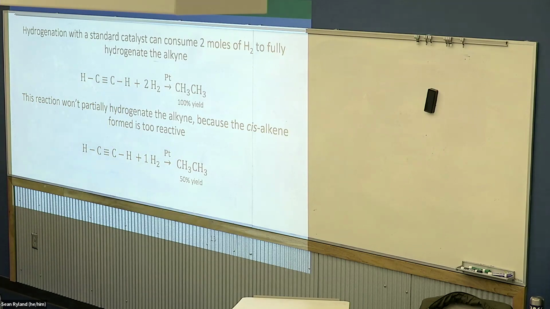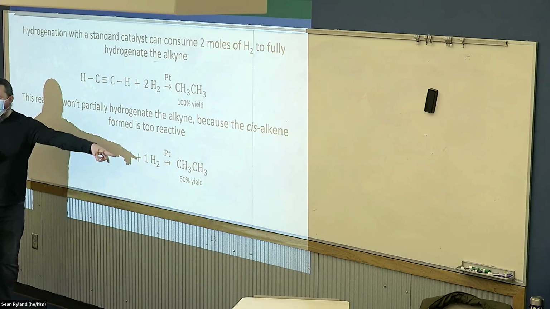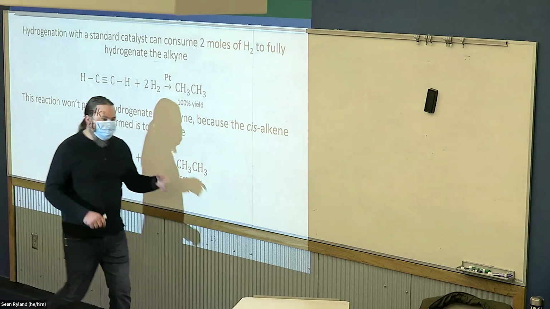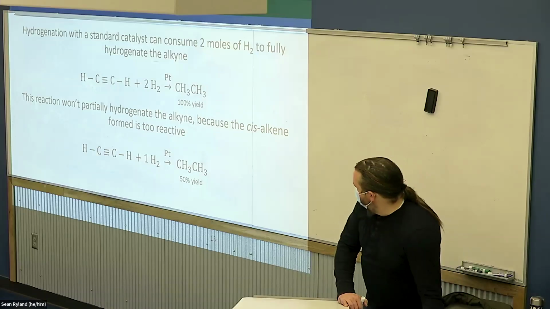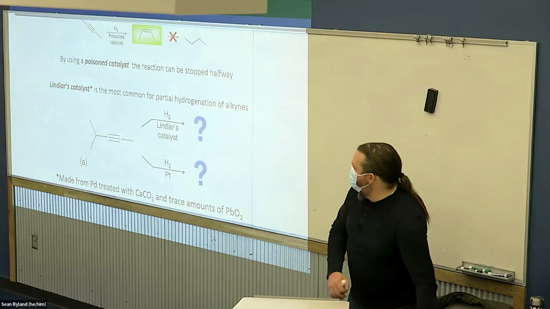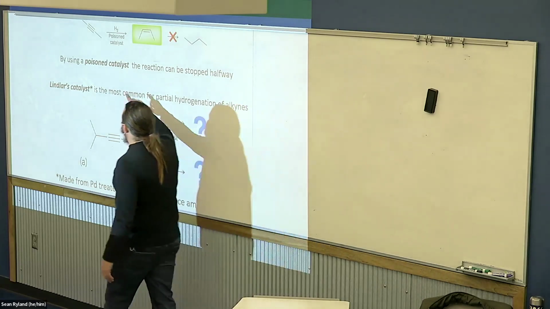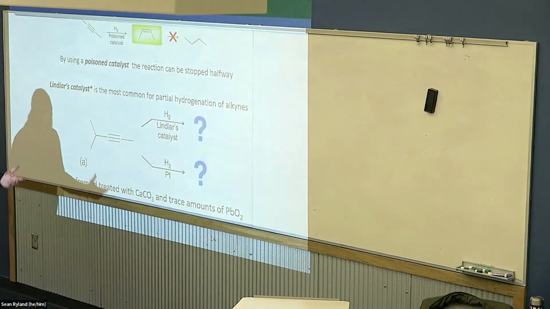So we actually use a different tactic. We can hydrogenate just one of these pi bonds. We just have to change the catalyst, so it's less effective as a catalyst. That allows it to slow down that second step enough that you can actually get one equivalent of hydrogen reacting. They call that a poison catalyst. Very descriptive name.